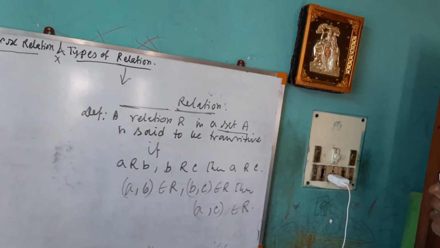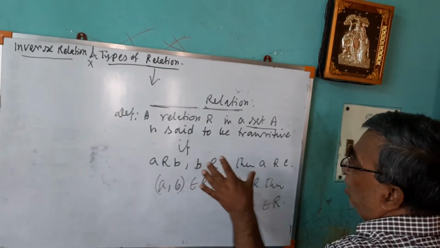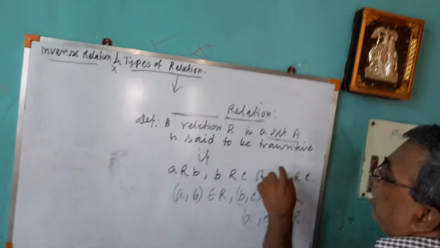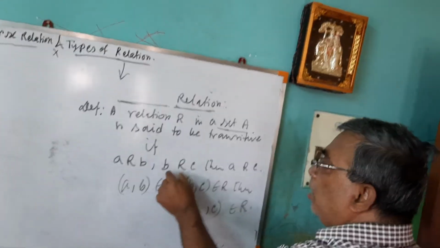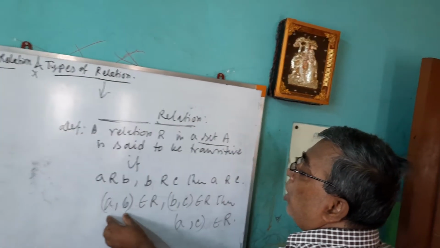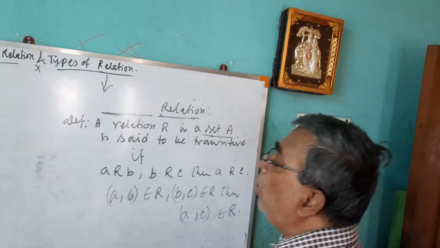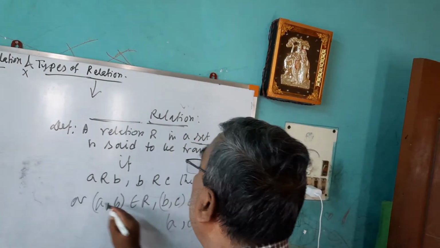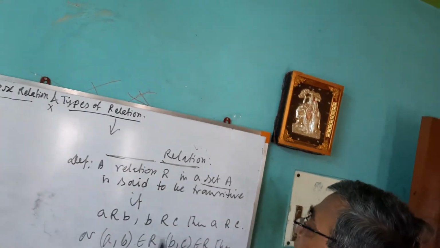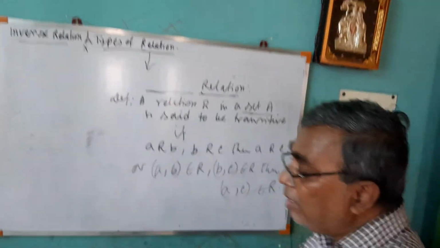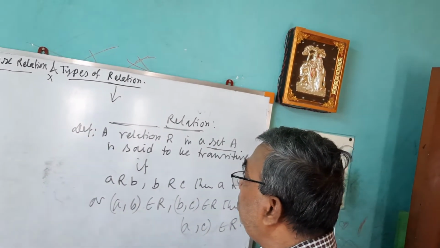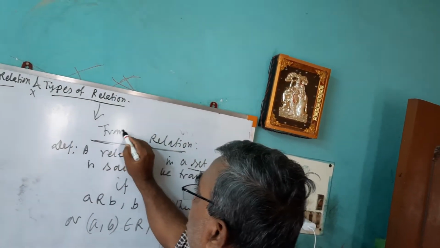I will give another example of transitive. Try to understand the first concept. A relation R in set A is said to be transitive if a relation b, then b relation c, then a relation c. So (a, b) belongs to R, (b, c) belongs to R, then (a, c) must belong to R. If I give a real life example, then you will understand clearly.